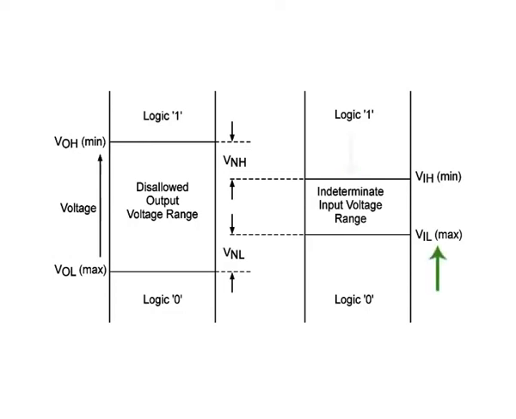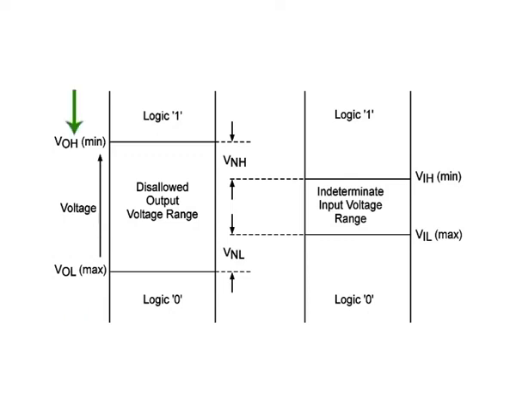Since VIL maximum is greater than VOL maximum, the low output state can therefore tolerate a positive voltage spike equal to VIL maximum minus VOL maximum and still be a legal low input.